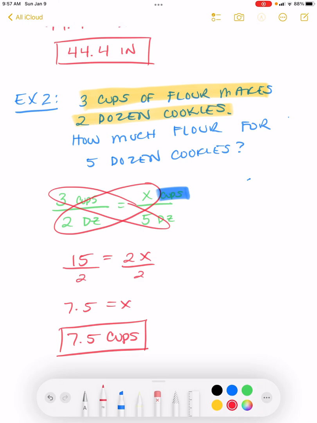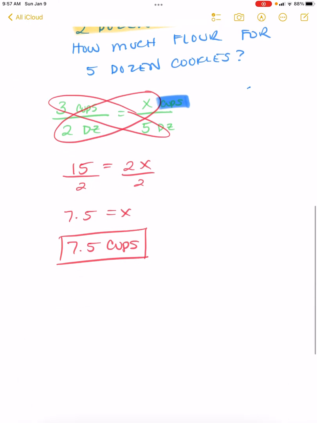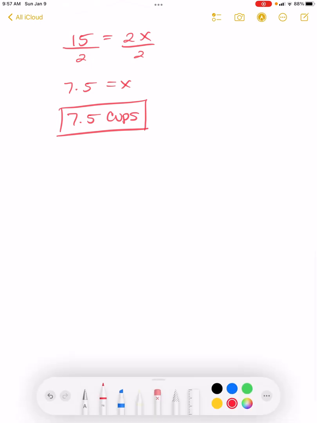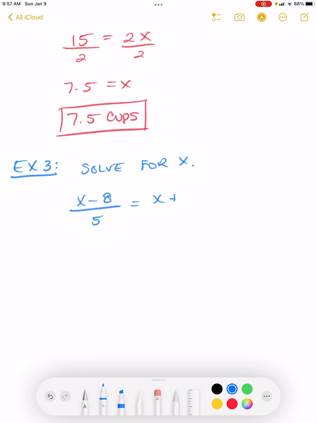All right, so the last example that we're going to do is how to solve a proportion equation that's a little bit more multi-step, okay? So let's suppose that we have, solve for x: x minus 8 divided by 5 is equal to x plus 3 divided by 4.